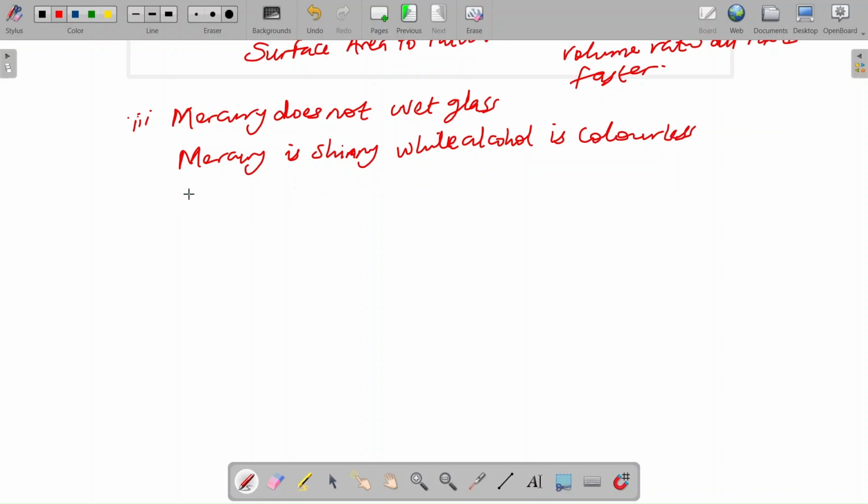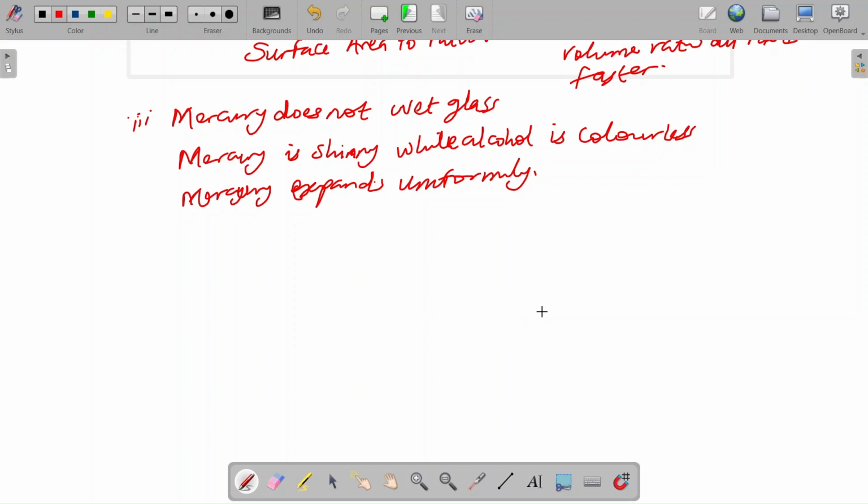So mercury, just like the first one, expands uniformly. This is E, expands uniformly. It doesn't act haphazardly.